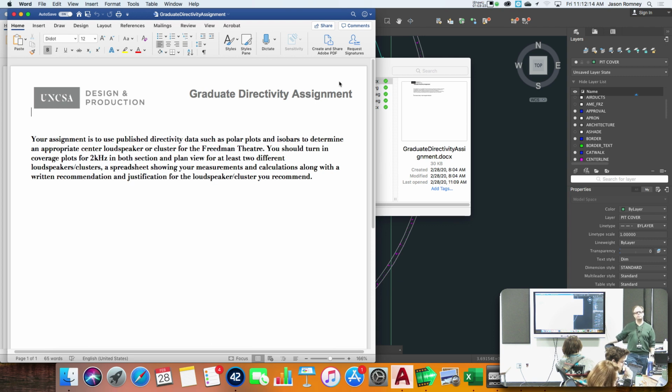The wavelength at 1 kilohertz is about a foot, and most loudspeakers are not larger than a foot on one of their axes, so it's usually not productive to waste time trying to plot directivity much lower than that. So I usually start at 1 kilohertz.